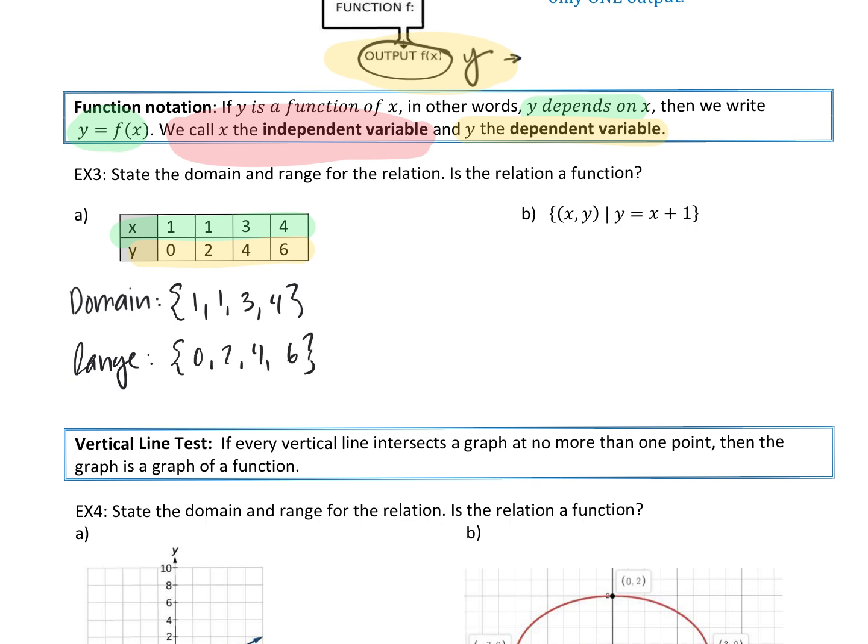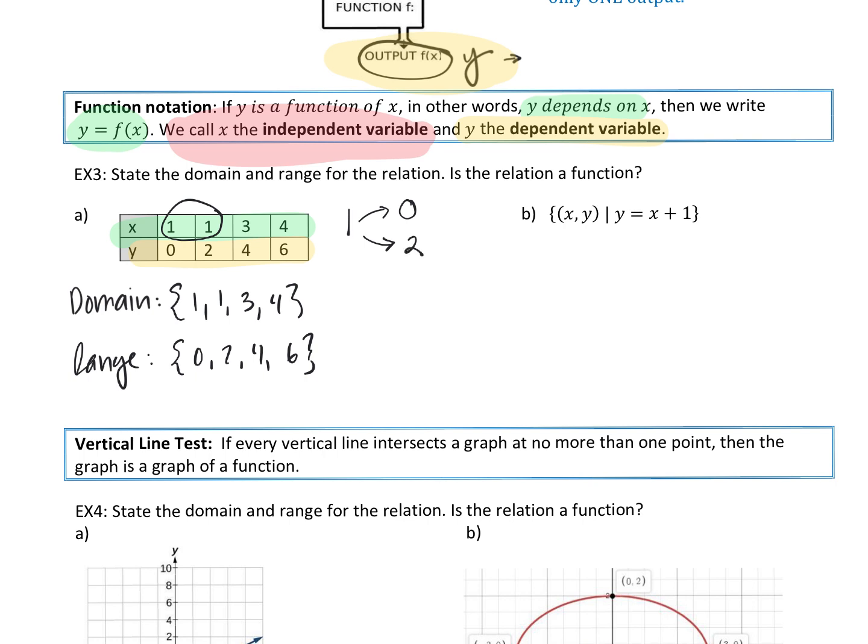Now let's see. Are these functions? Well, again, by definition, each x value should only have one matching y value. So ask yourself, take a look at the x values. Do they have only one y value? The answer for this one is no. Look at this. x equals 1 appears twice, but one time it's saying x has a relating value of 0. Another time it says x's output is 2.